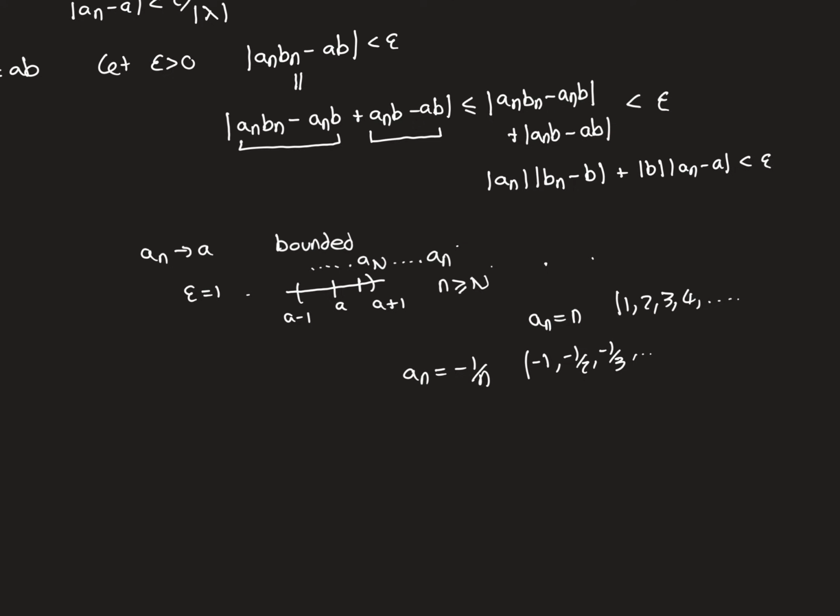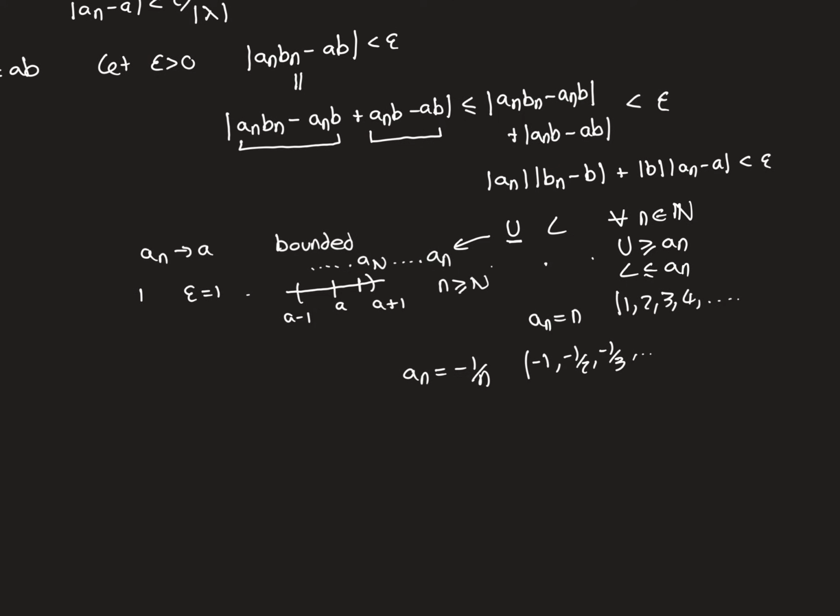So because my sequence is convergent, I can say there is some upper bound and there is some lower bound. So u is going to be bigger than every single one of the terms. So I'll write this. For all n an element of the natural numbers, u is greater than or equal to all of my terms, and L is less than or equal to all of my terms.